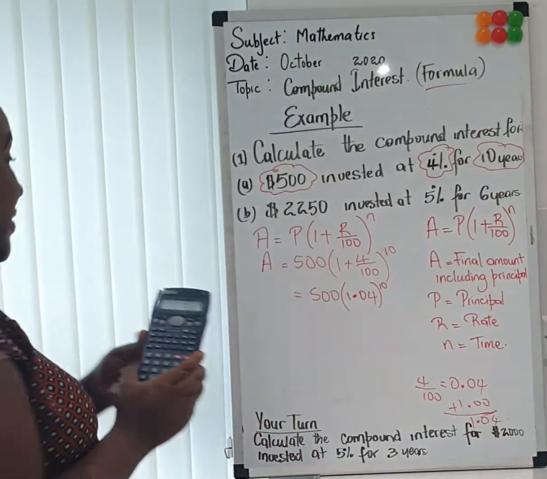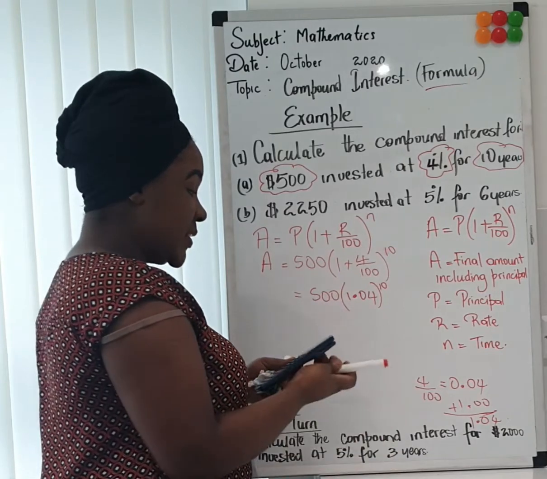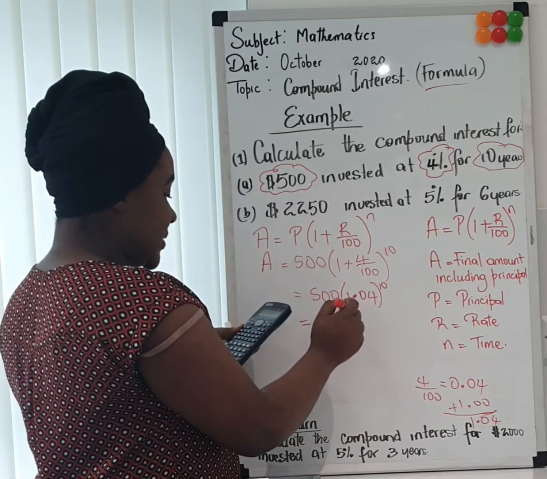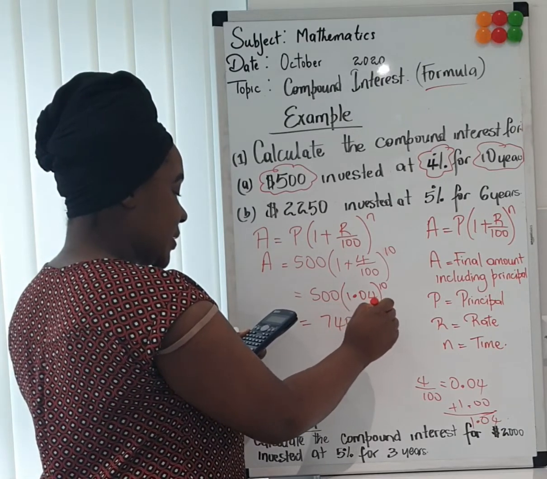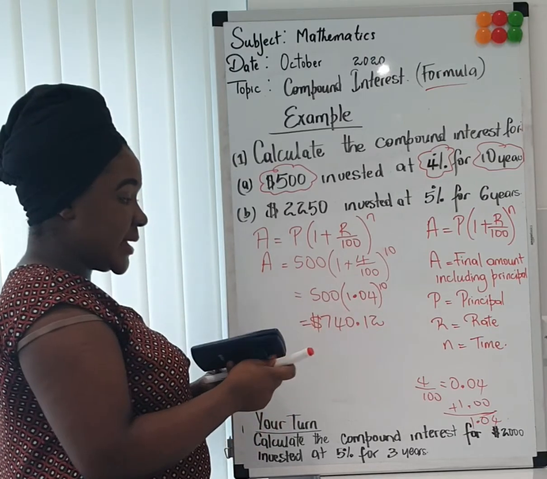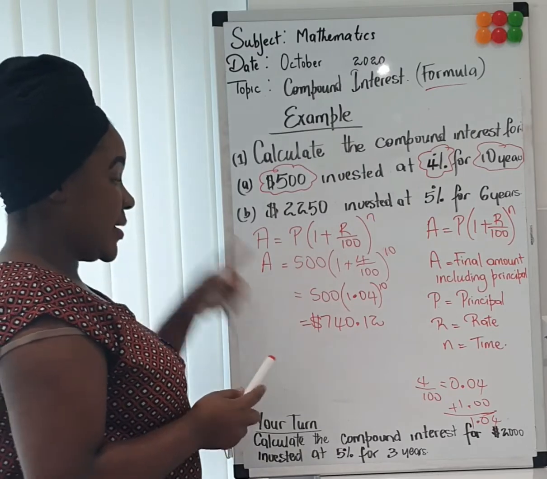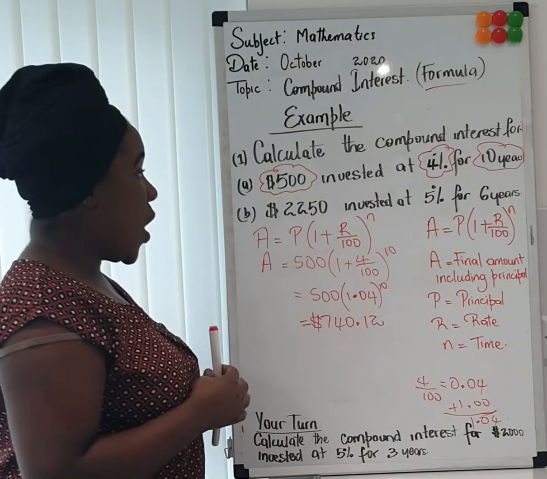So now that I have my answer, $740, and I'm rounding to 2 decimal places since we're dealing with dollars and cents, $740.12. That would be the total at the end of the 10 years.